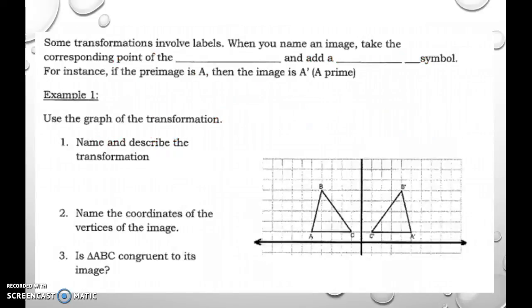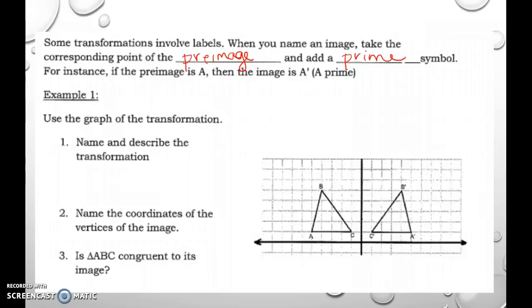Some transformations involve labels. When you name an image, take a corresponding point of the pre-image. Remember, the pre-image is your original. And we're going to add a prime symbol. So when I'm looking at this black and white picture here, in order to know which one is the one I started with and which one I got after doing the transformation, I have to label them differently.